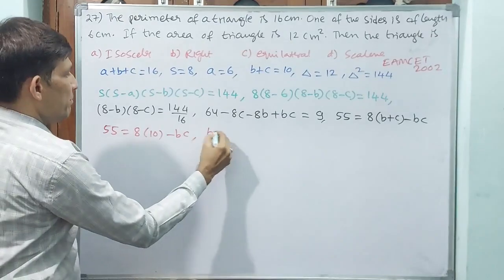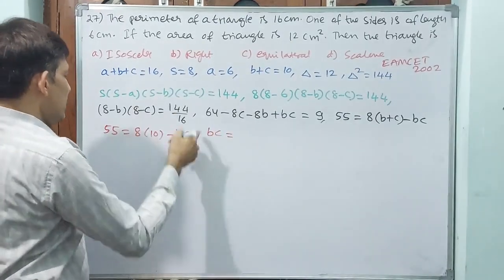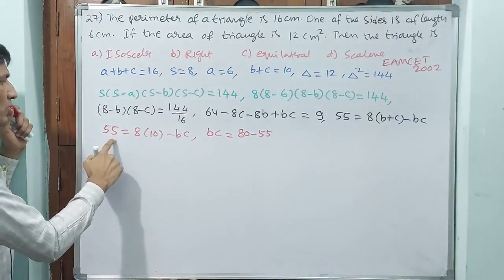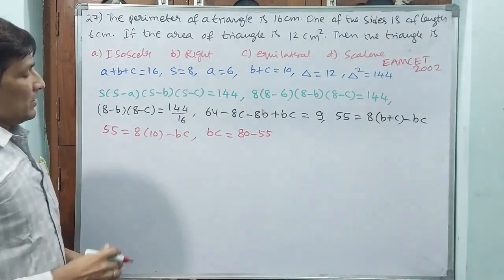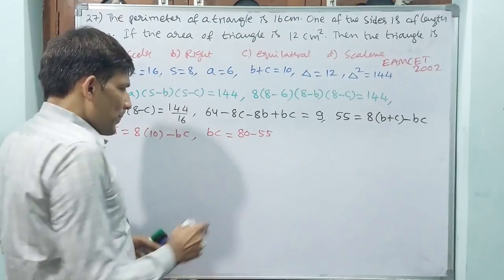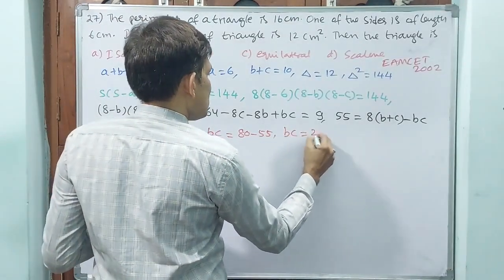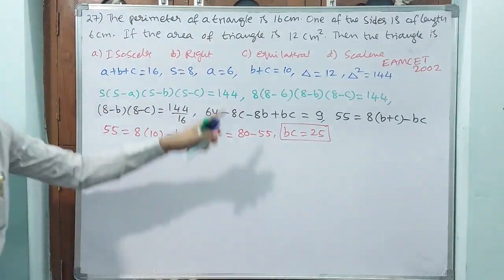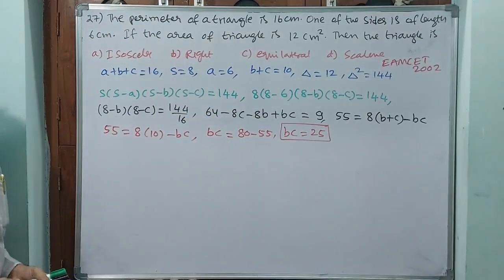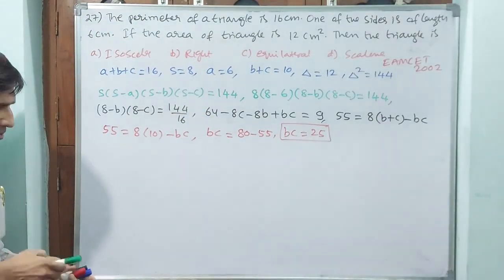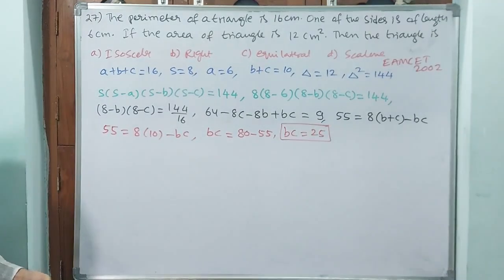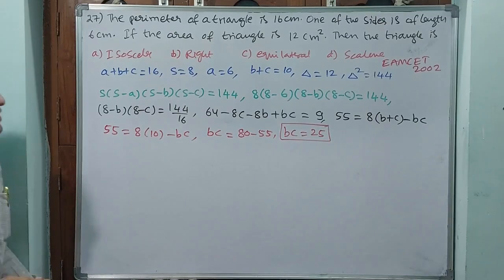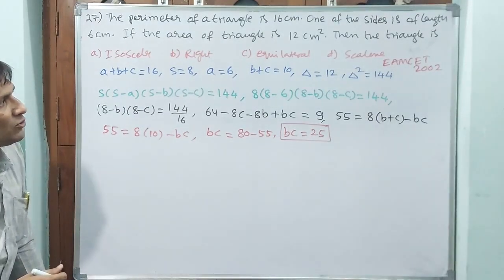Or else bc is equal to 80 minus 55. bc is equal to 25. Now you tell me, b plus c and bc both you are having. Can you find b and c? Definitely I can find them. Why? Because if you apply the quadratic equation, then you are going to get those two values. See, b plus c is 10 and bc is equal to 25.